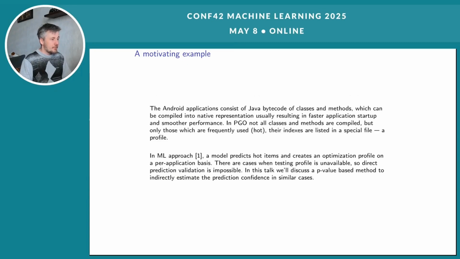In the machine learning method for profile generation, a model predicts hot classes and methods and creates an optimization profile for the application. There are cases when testing profiles are not available, so direct prediction validation is impossible. In this talk, we'll discuss a p-value based method to indirectly estimate the prediction confidence in similar cases and its efficient C++ implementation.